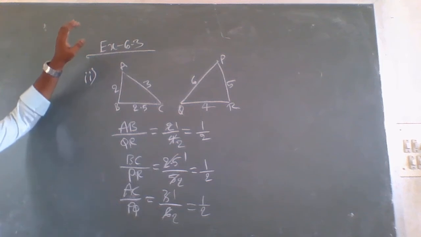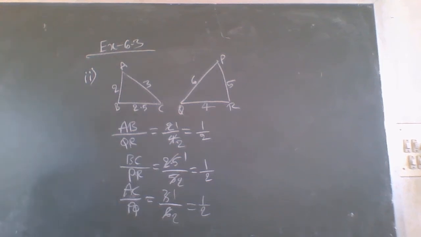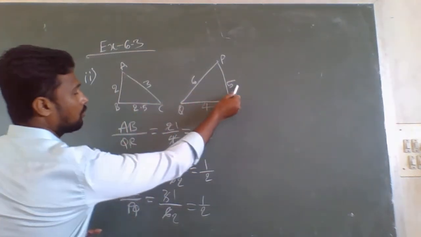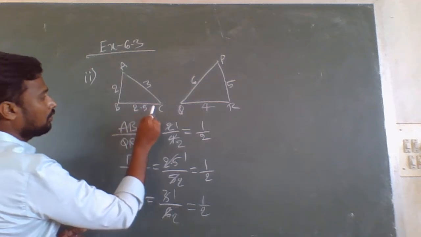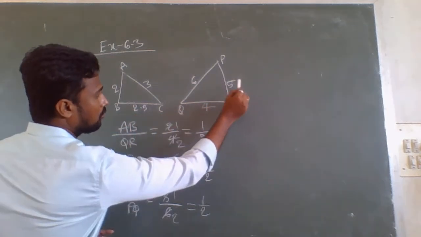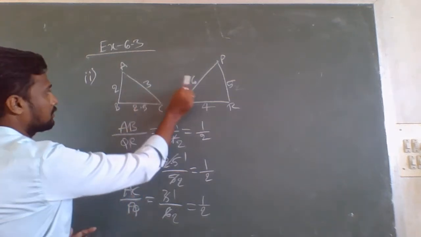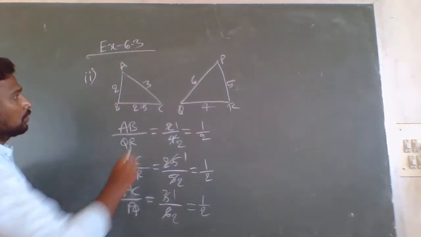See here how you should consider the sides of the triangles. Here 2, 4 means 2 into 2 is 4; 2.5, 5 means 2.5 into 2 is 5. We will get 1 by 2 only. Like this 3, 6, 3 into 2 is 6, 1 by 2.